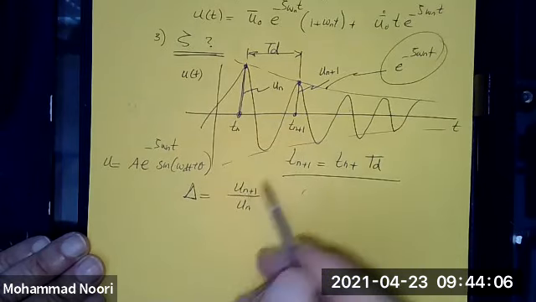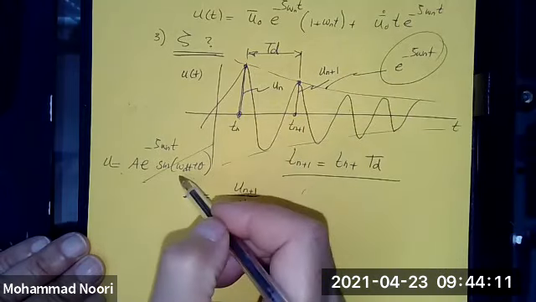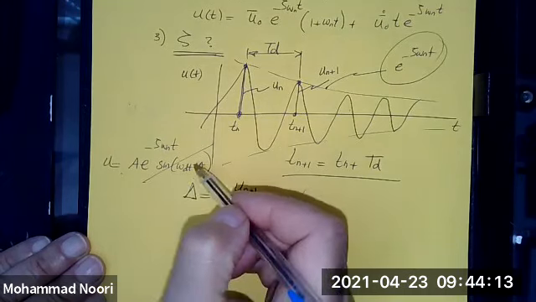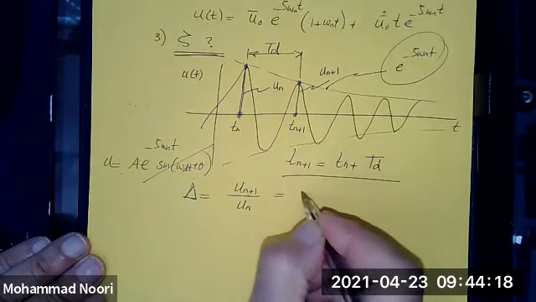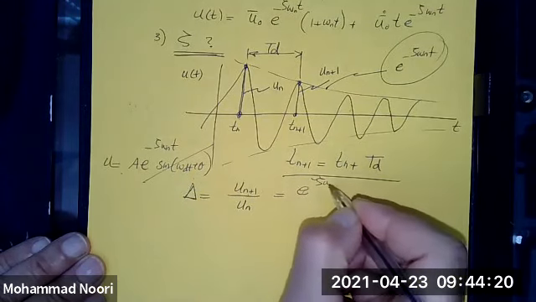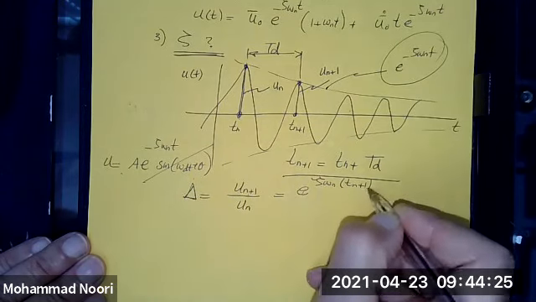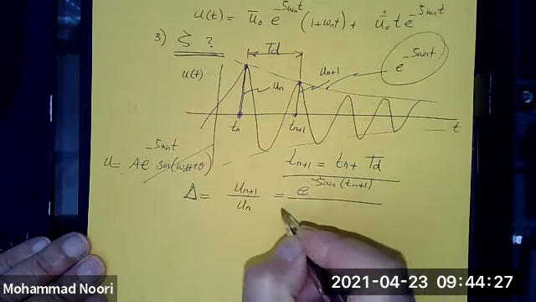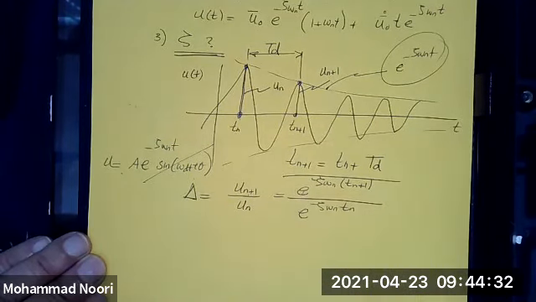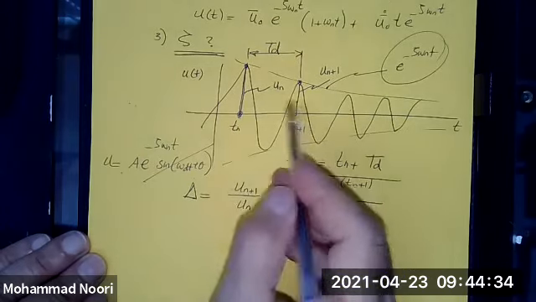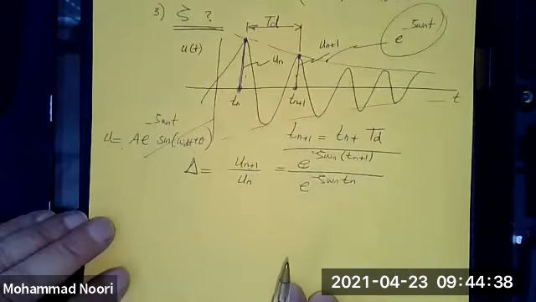So what is u n? It is the maximum value of this function, that is when sine is 1. So u n plus 1 would be simply e to the minus zeta omega n times t n plus 1, and u n would be e to the minus zeta omega n t n. So that would be the ratio of those two peak values, okay?